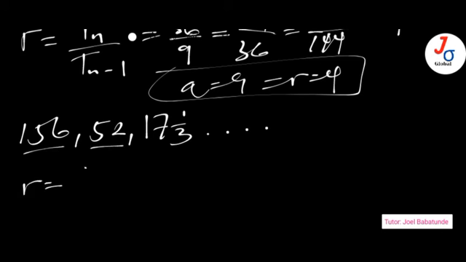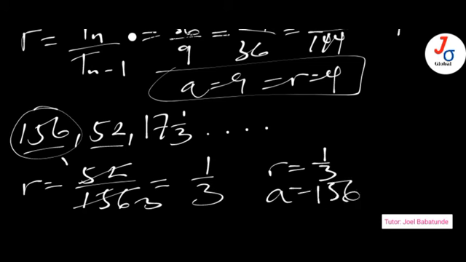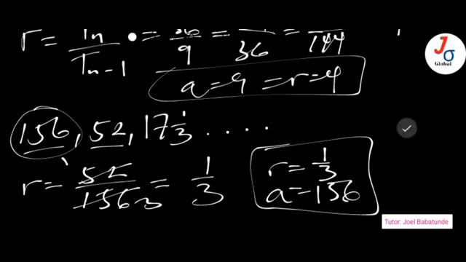So r is 52 divided by 156, and that gives us 1 over 3. So your r is equal to 1 over 3, the common ratio, and your first term a is equal to 156. So this is exactly how to find the common ratio as well as the first term.